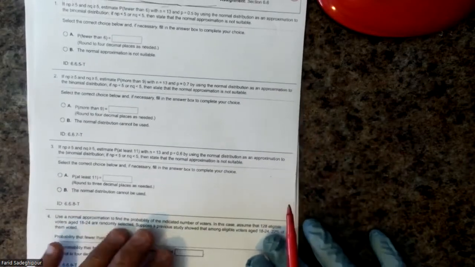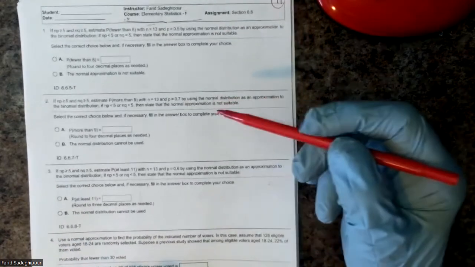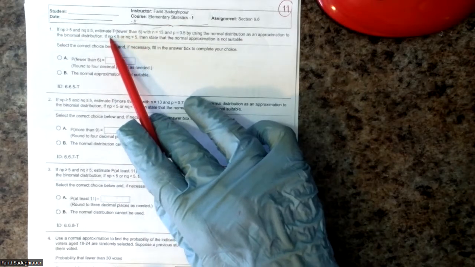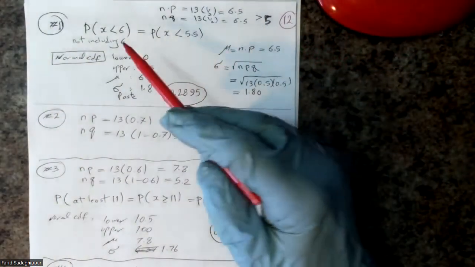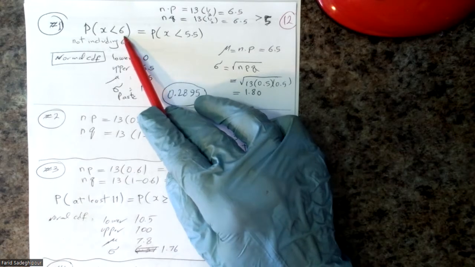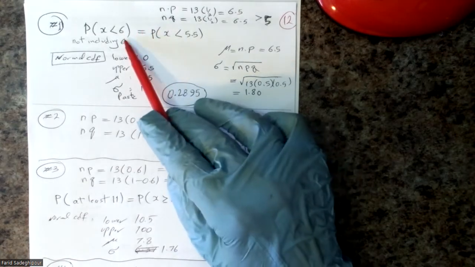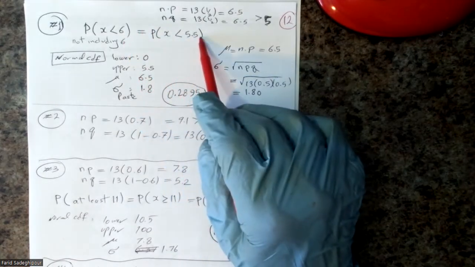All right. Now for homework problems. If np and nq are greater than 5, estimate fewer than 6. X fewer than 6 means 6 is not included. So we subtract 0.5, so x is less than 5.5.